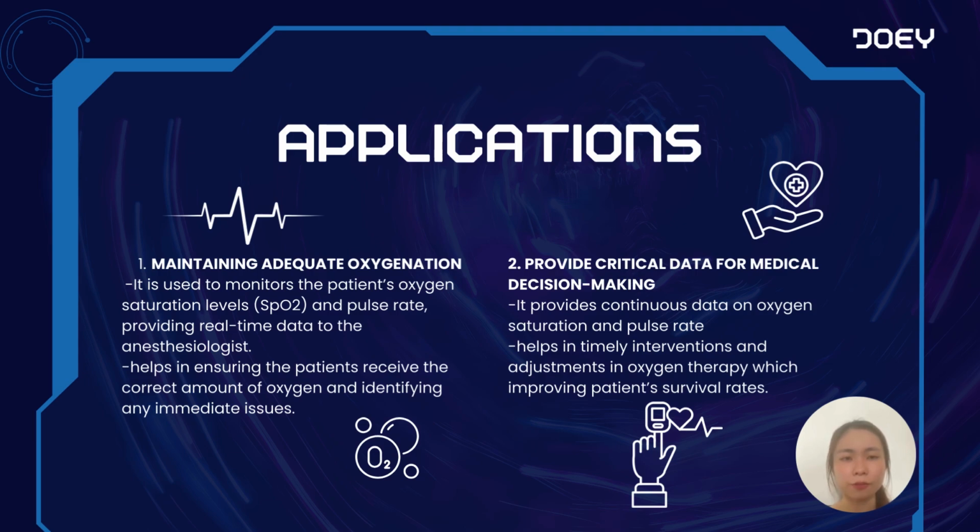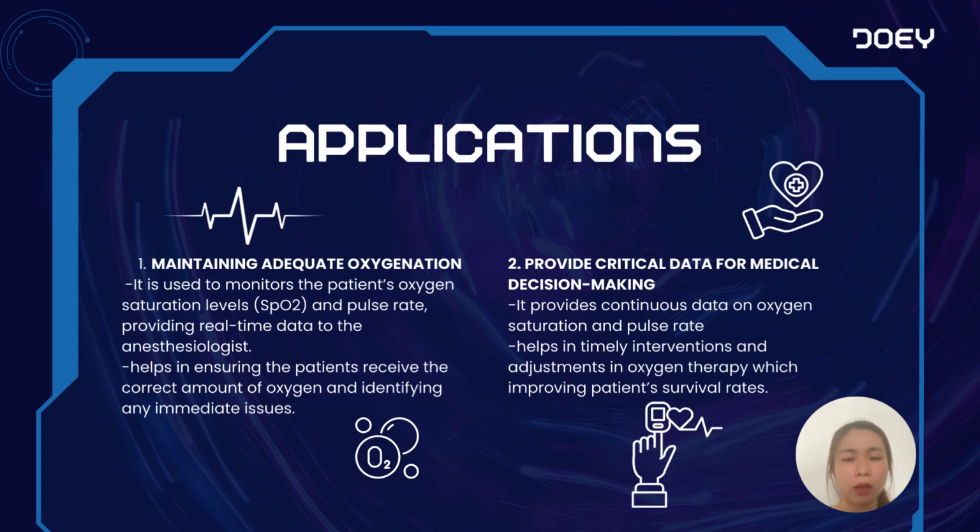The application of the pulse oximeter is to maintain adequate oxygenation. It is used to monitor the patient's oxygen saturation levels and pulse rate, providing real-time data to the anesthesiologist. Pulse oximeter also helps in ensuring the patients receive the correct amount of oxygen and identifying any immediate issues.